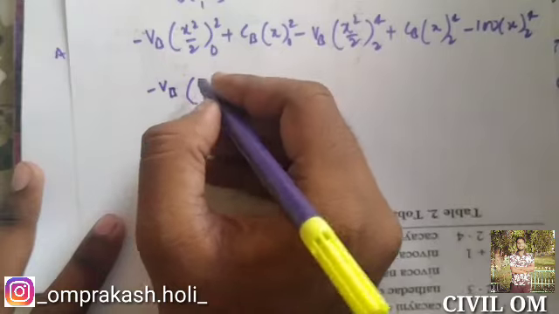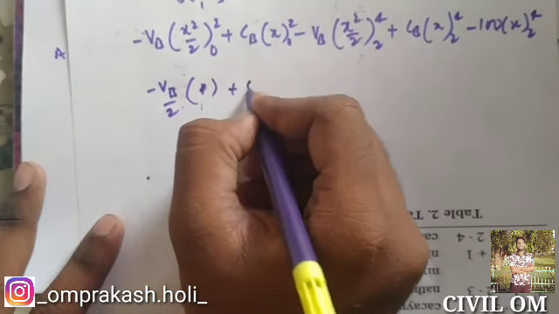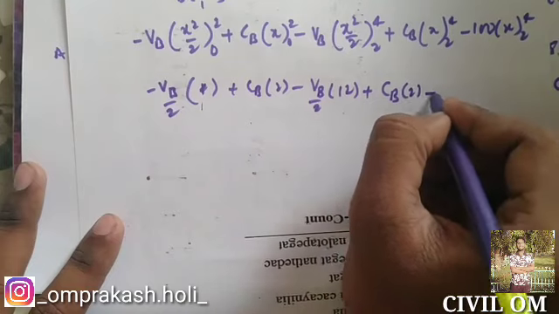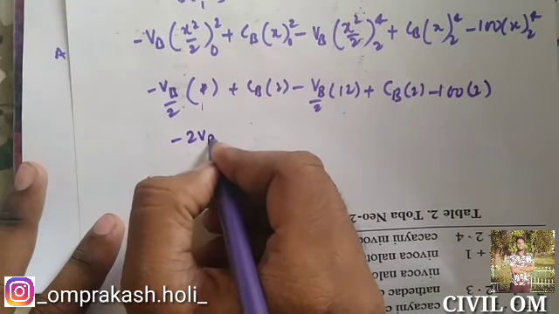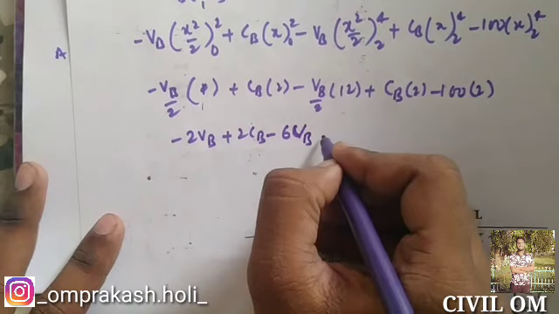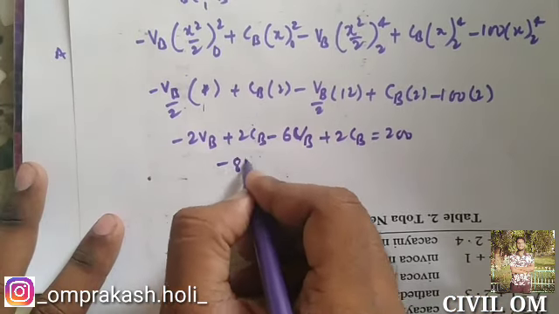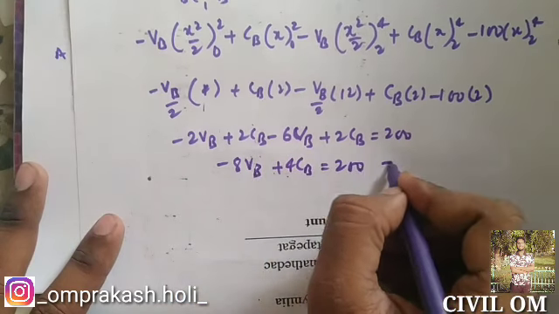So we have minus VB upon 2 into 4 plus CB into 2 minus VB upon 2 into 12 plus CB into 2 minus 100 into 2. Next we have minus 2 VB plus 2 CB minus 6 VB plus 2 CB is equal to 200. Next we get minus 8 VB plus 4 CB is equal to 200.